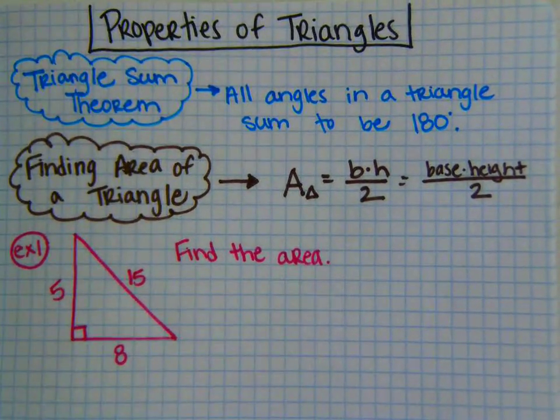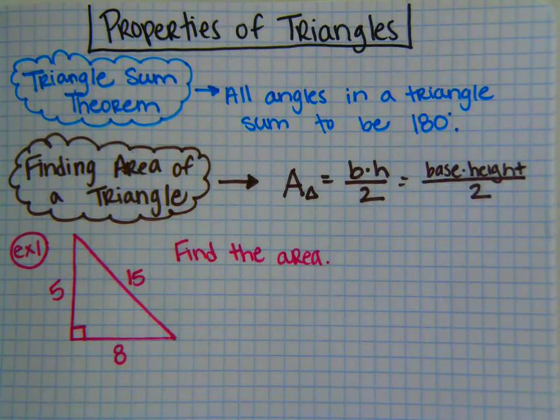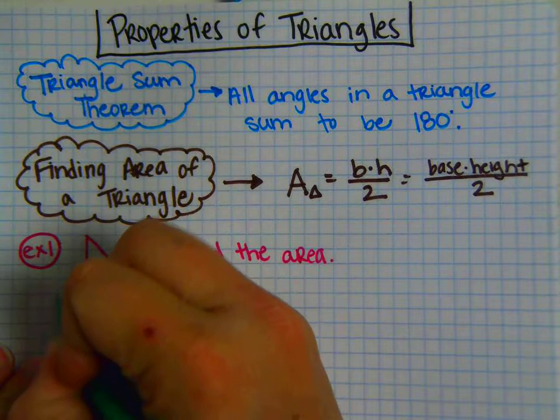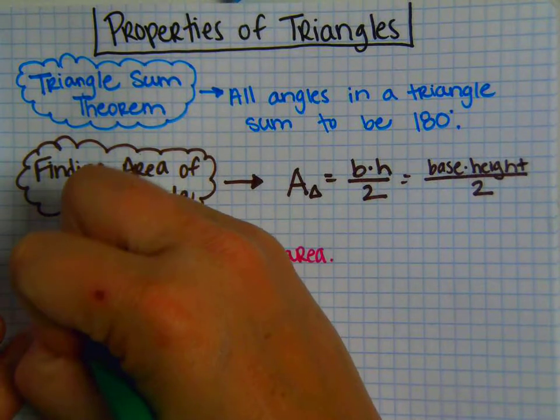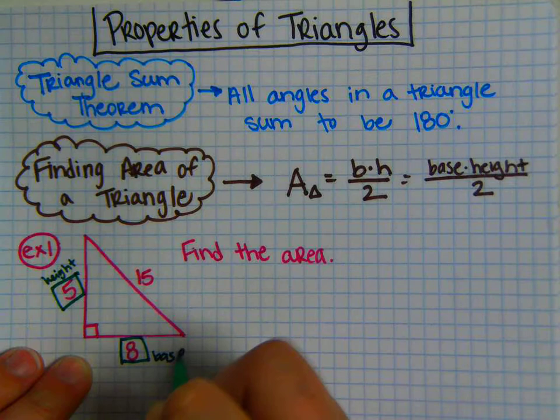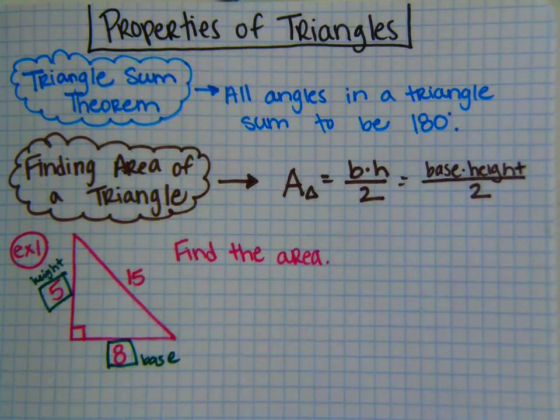The first thing you need to do is decide what's your base and what's your height. So what do you think? What are the base and what is the height? The base and the height are 8. So 5 is the height. 8 is the base. Okay, now I'm going to put a little note here for us.